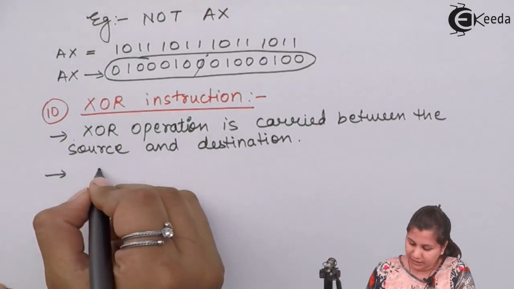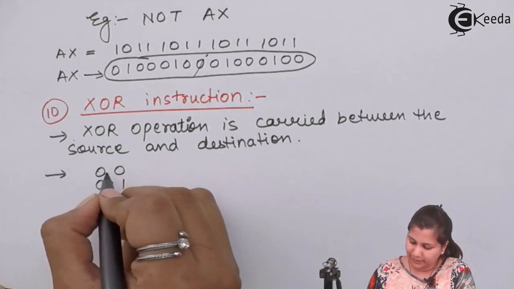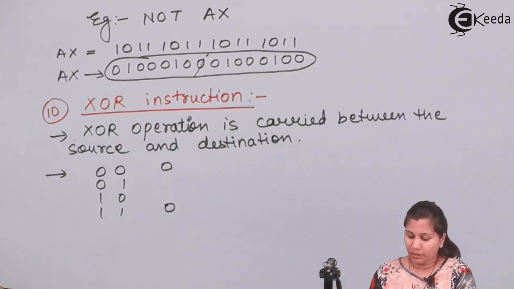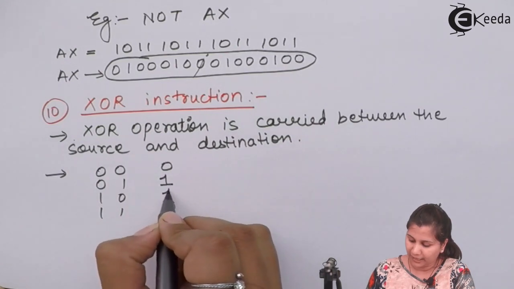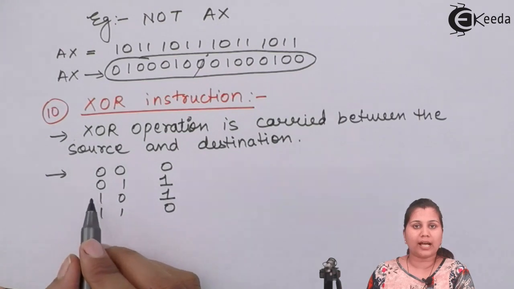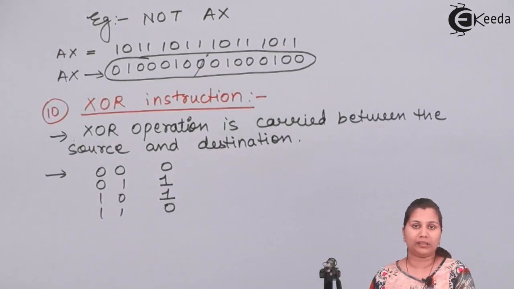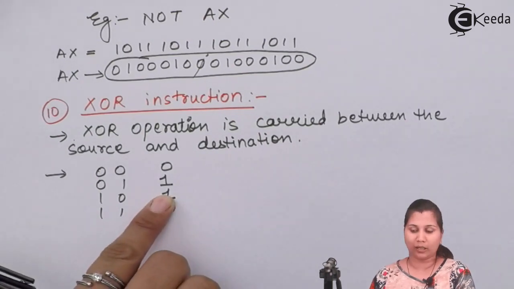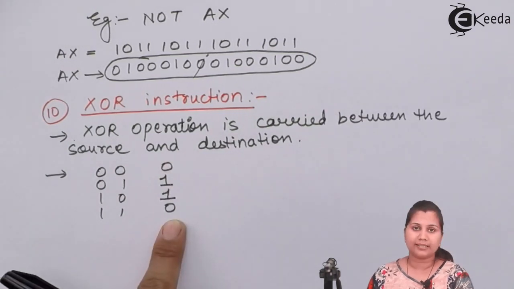So 0 0 will produce 0, and 1 1 will also produce 0. When the two bits are dissimilar, then we will get a high at the output. When both the bits are dissimilar, in the result we will get 1, and if the bits are similar, then we will get a 0.